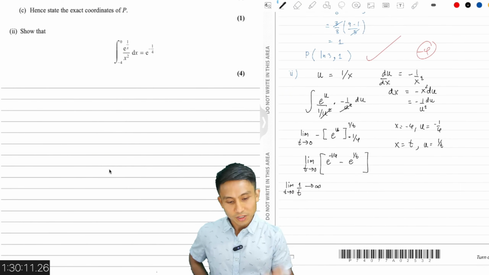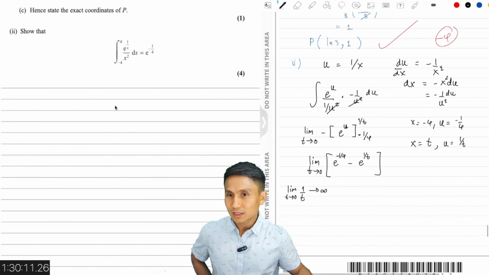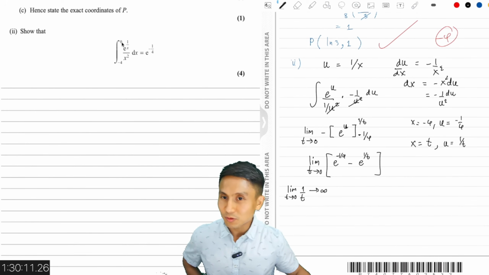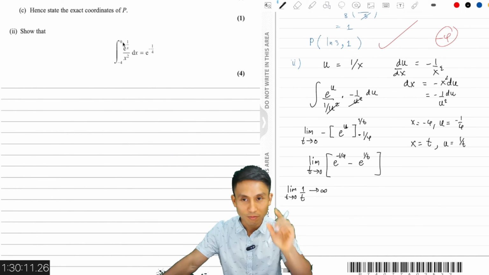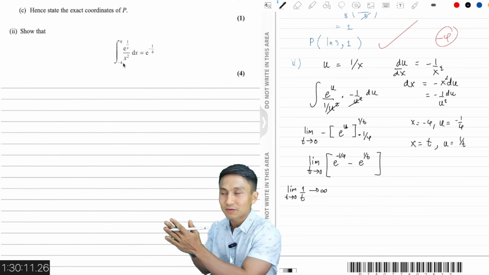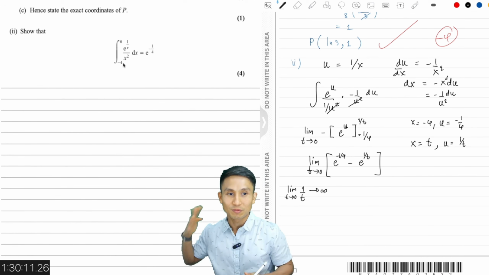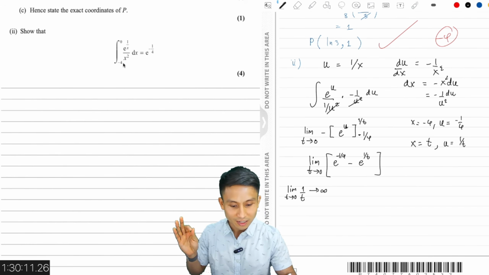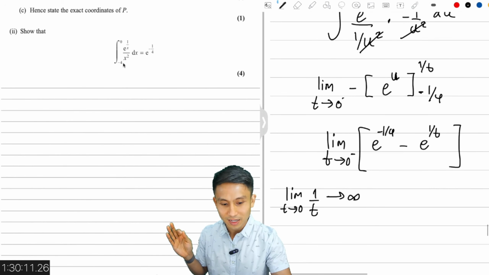Now this is the important point. I forgot to mention that the upper limit is the problematic, improper one, but if you look at the lower limit, it's negative. It's from -4 to 0, so that is coming from the left. When you take the limit, t must be negative here.